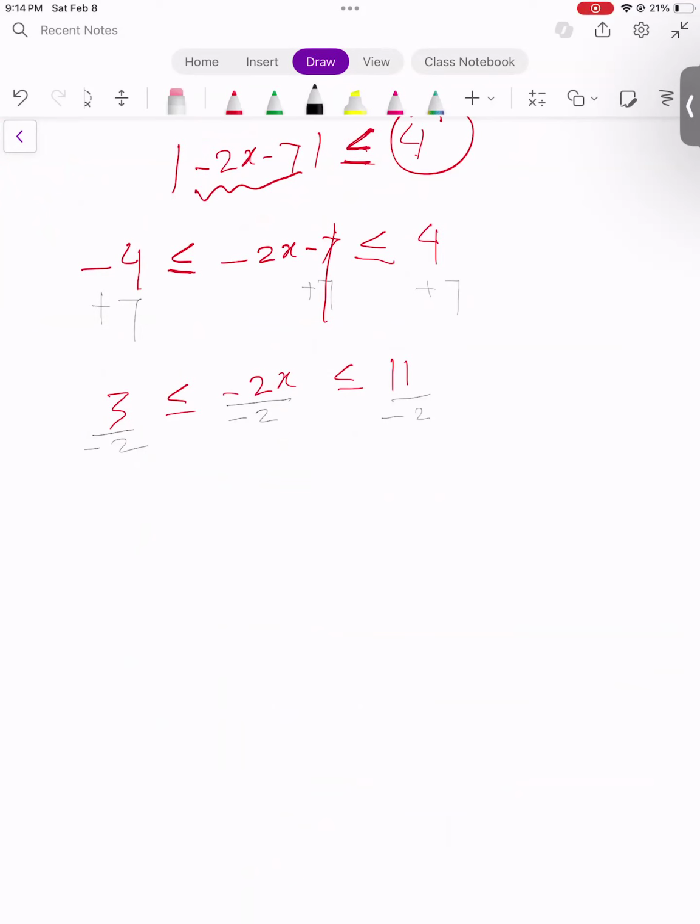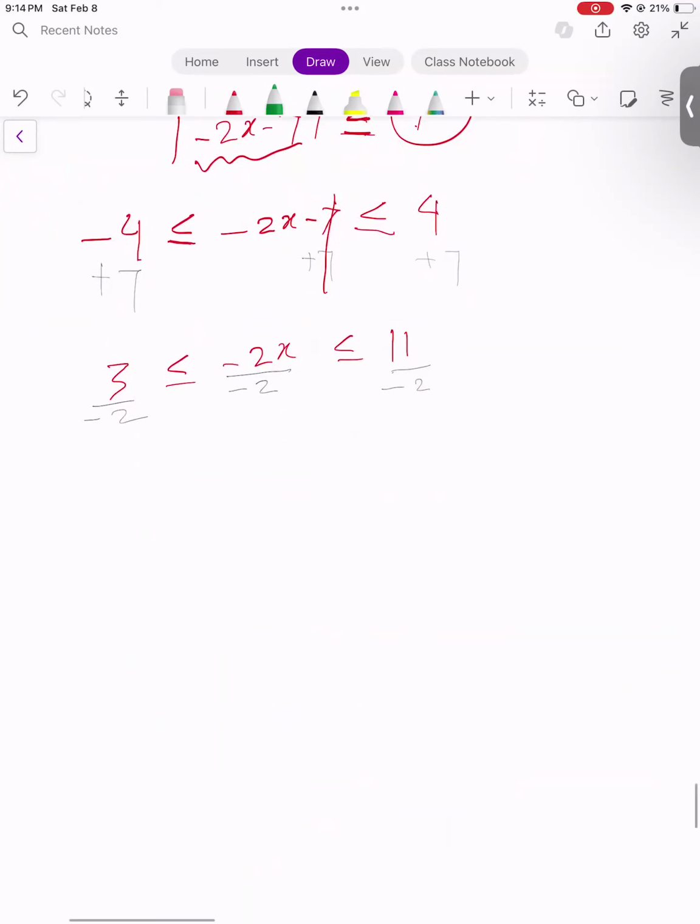Whenever you are dividing by a negative, make sure to flip the inequality. So for this less than or equal to, we use greater than or equal to. We have -3/2 ≥ x ≥ -11/2.